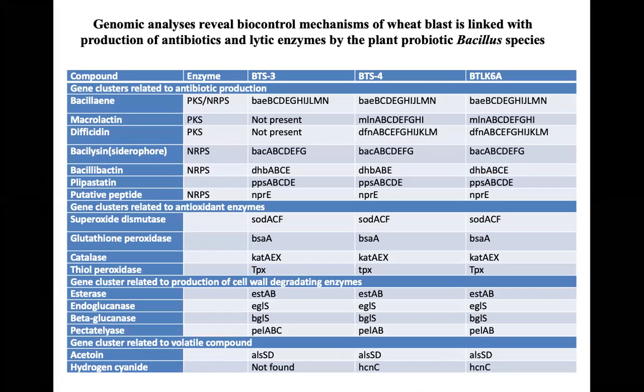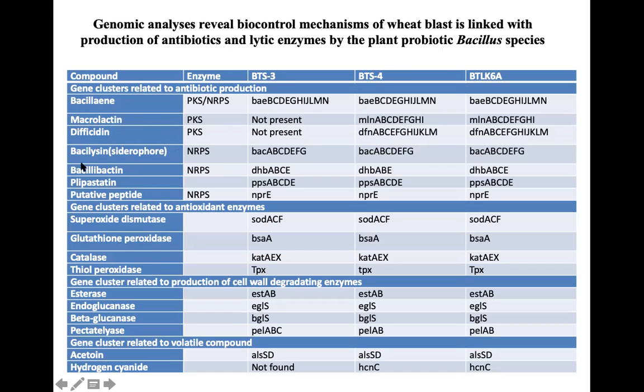And we compared, searched their genome, and we found they contain lots of genes involved in biosynthesis of diverse secondary metabolites. Bacillaene and macrolactin, these are powerful metabolites produced by Bacillus, and they are Bacillus. By sequencing, we confirm that.